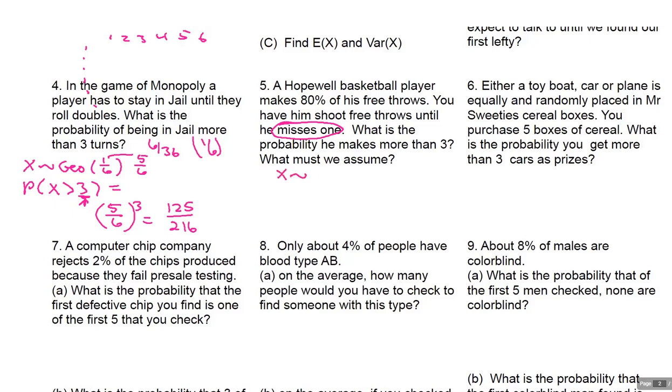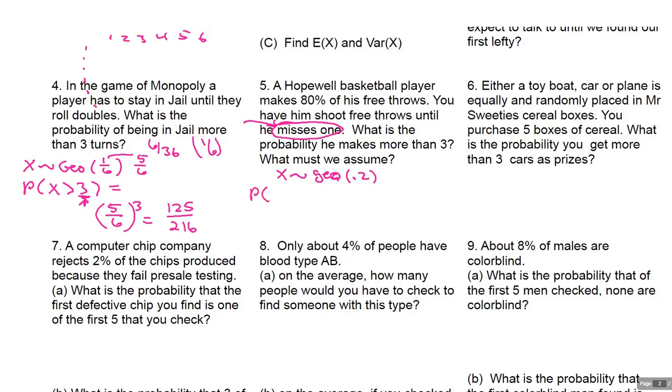It'll be geometric, right? Because we don't know how many shots he's going to take, but we know when he misses one, he stops. Does that make sense? But in this case, I need to know the probability of the miss. So the miss is going to be 0.2, right? All right, now, like you said, let's write down the probability.